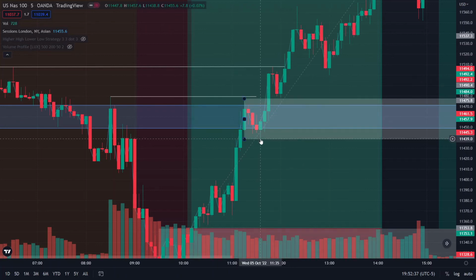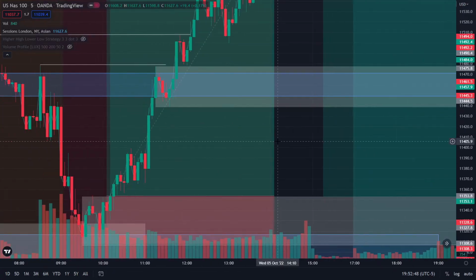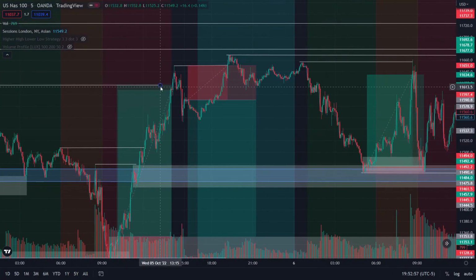We have also highlighted the low of this candle right here and the high of the previous impulsive candle, which marks the total demand zone for this impulsive movement right here. We had obviously broken a couple of highs here that really gave us the confidence that the market was going to return to those highs.